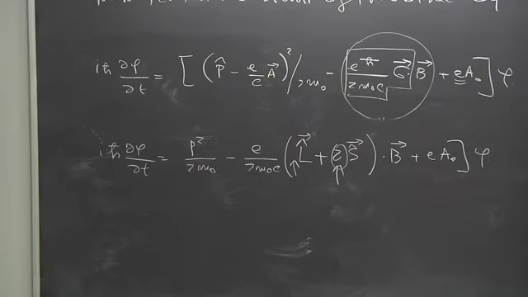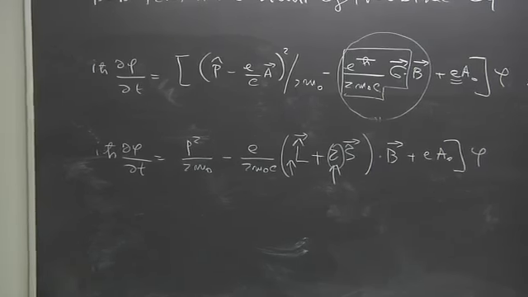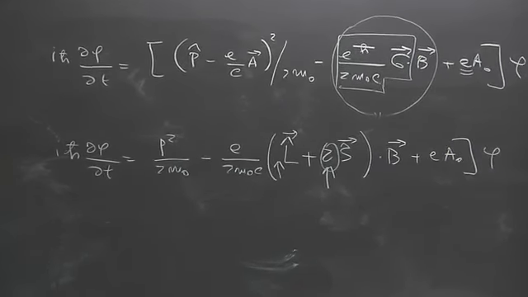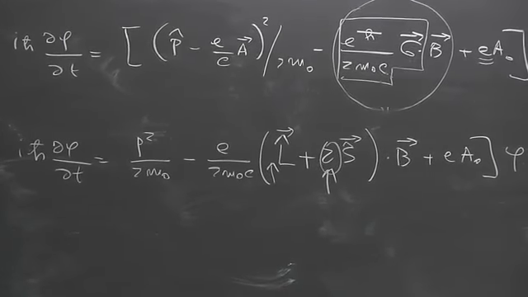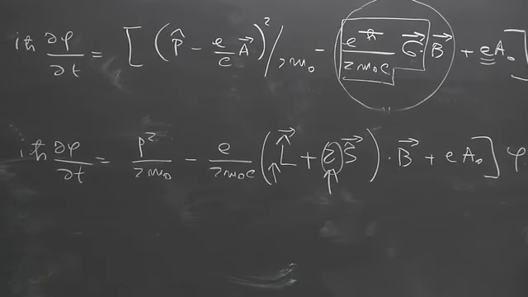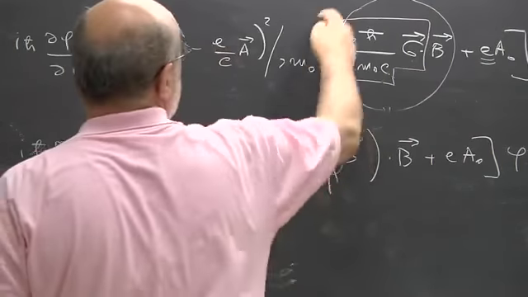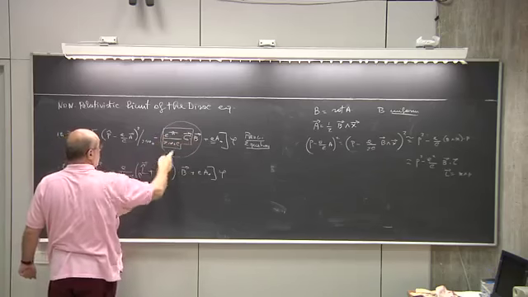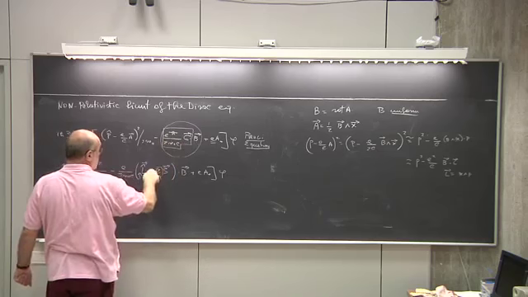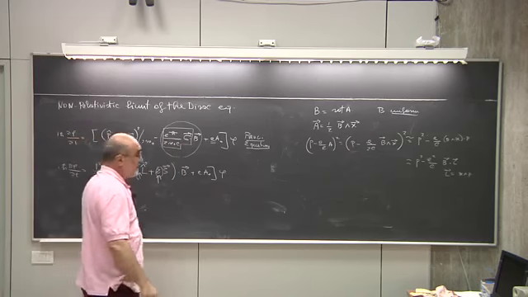So if somebody asks you, can you tell me where the anomalous factor of 2 for the spin in interaction with the magnetic field comes from? The only answer is it comes from the Dirac equation, okay? Because this was derived from the Dirac equation, and if you work out all the things, it produces a factor of 2.